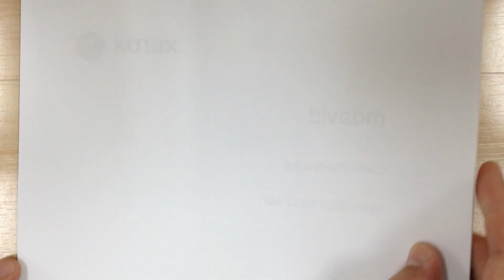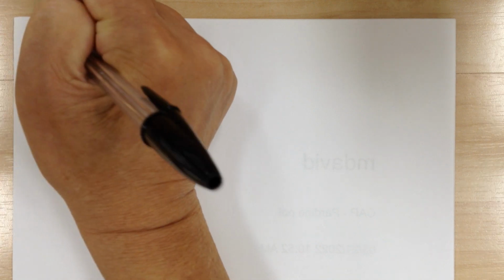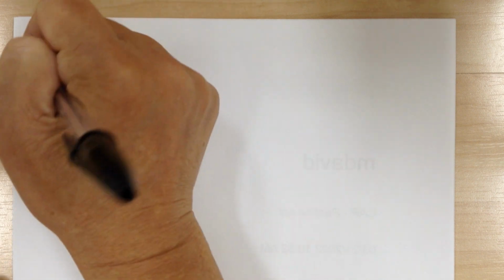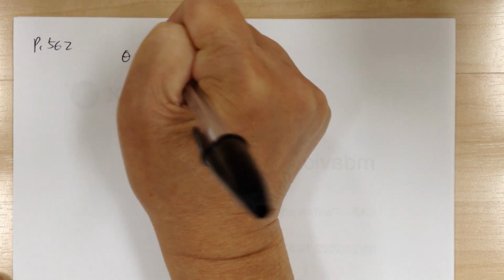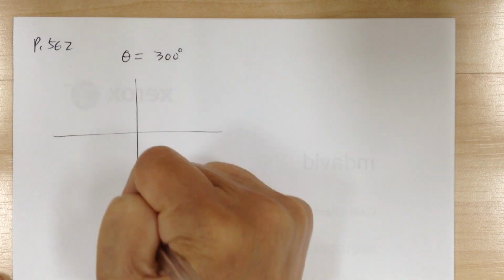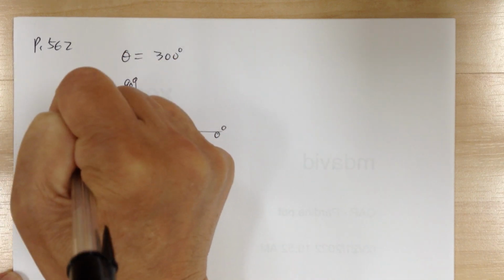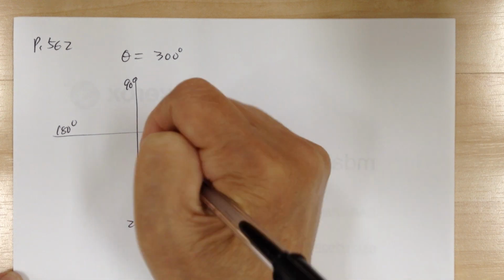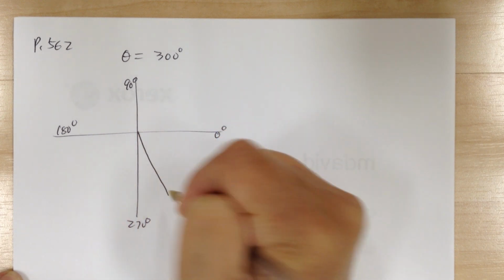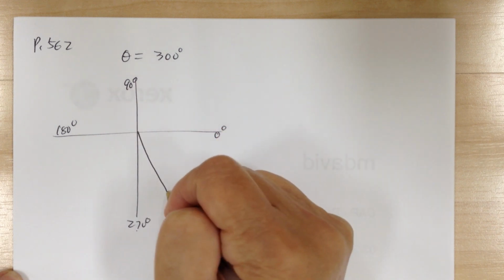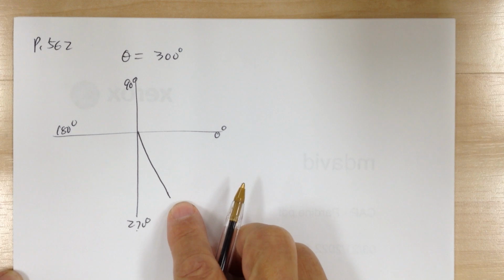Next, you have to do something called the reference angle and reference triangle. On page 562, let's say you have theta equal to 300 degrees. When you draw these, here's your 0 degrees, 90 degrees, 180 degrees, and here's your 270. So 300 is going to be right over here. Remember, one number on the clock equals 30 degrees. This is 6 o'clock, so this would be 5 o'clock.